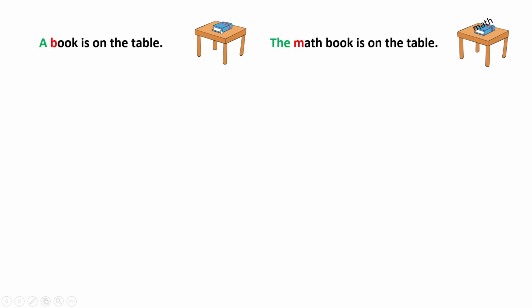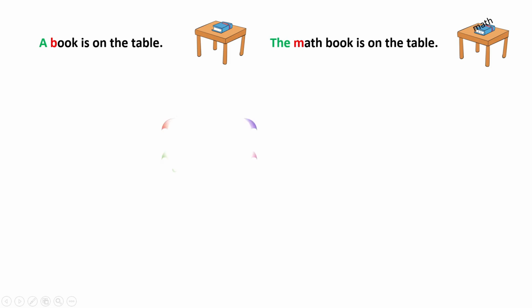Because in the first example, the book is unspecified. We don't know what book this is. But in the next example, the book is identified. We know what book this is. This is a math book. So we have "the math book is on the table." It means we know what type of book is on the table.